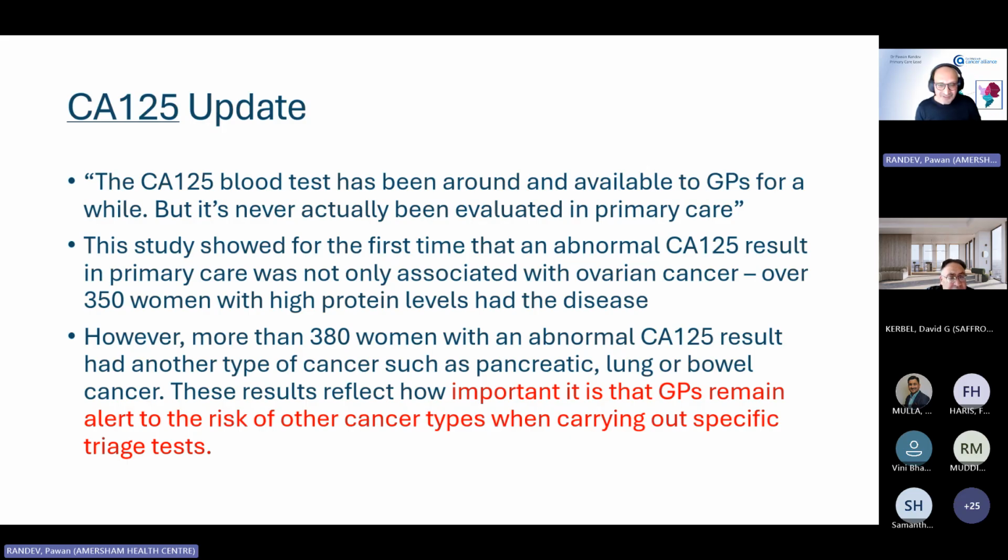And part of the reason for that is that CA125 is secreted by the lining of the abdomen. And so those cells, those peritoneal cells, can be stimulated by other forms of cancer.